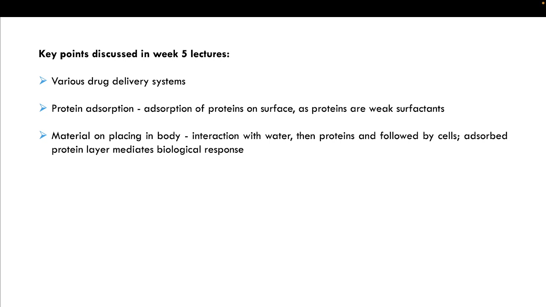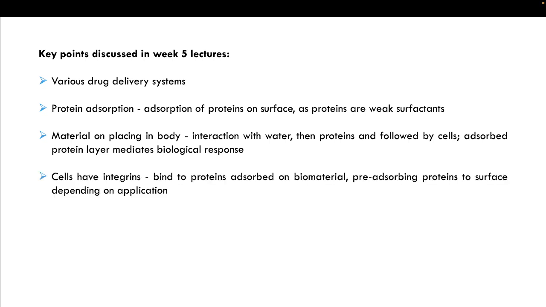You can make use of this information. Depending upon your application, if you want some particular cells to interact with your implant, then you can coat these materials with particular proteins that are very compatible with that cell. Now why will cells interact with this? Because cells have something known as integrins.